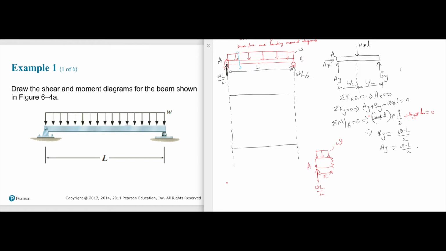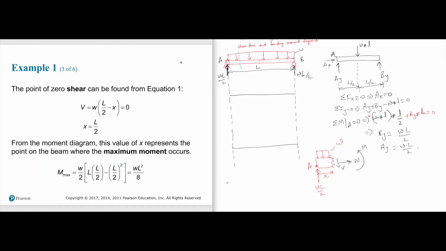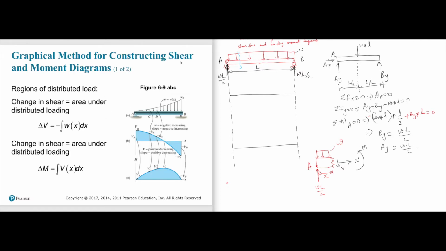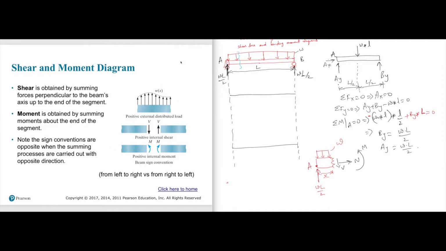So whenever we make a cut, what should we do? We should draw three things: normal, shear, moment, right? By the way, you have to know the positive representation of the moment, and that is given in the beginning part of the slide.